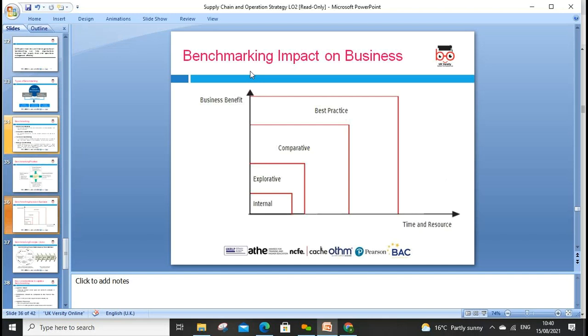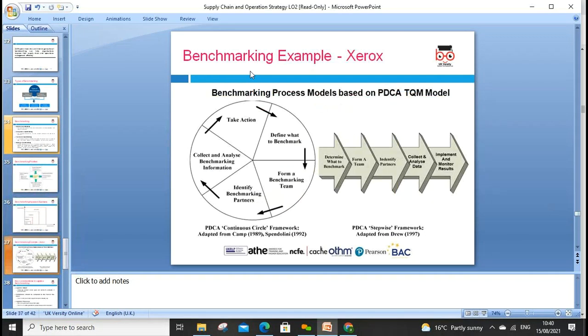Benchmark impact is how we can improve internally, and through comparative benchmarking and best practices we can carry on improving. PDCA, which is of course plan, do, check, act. So we need to look around, and the cycle never stops, it's a continuous process.